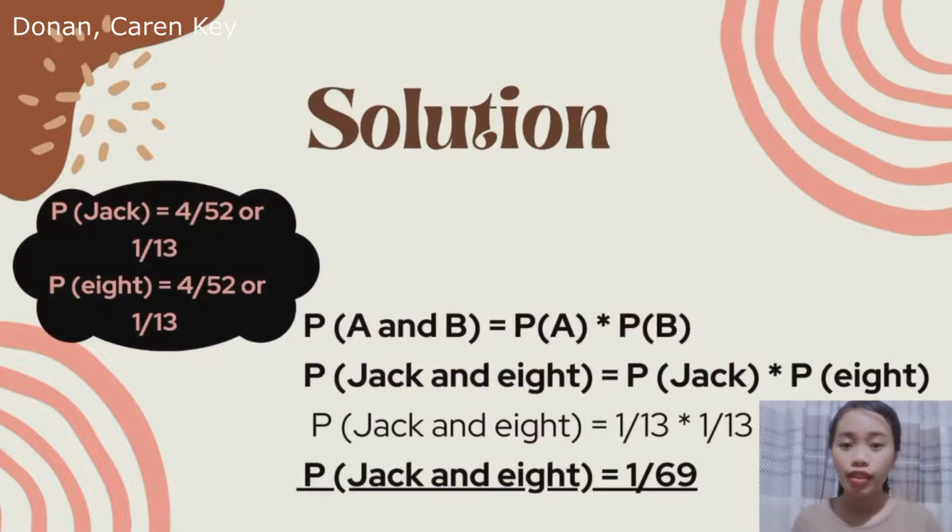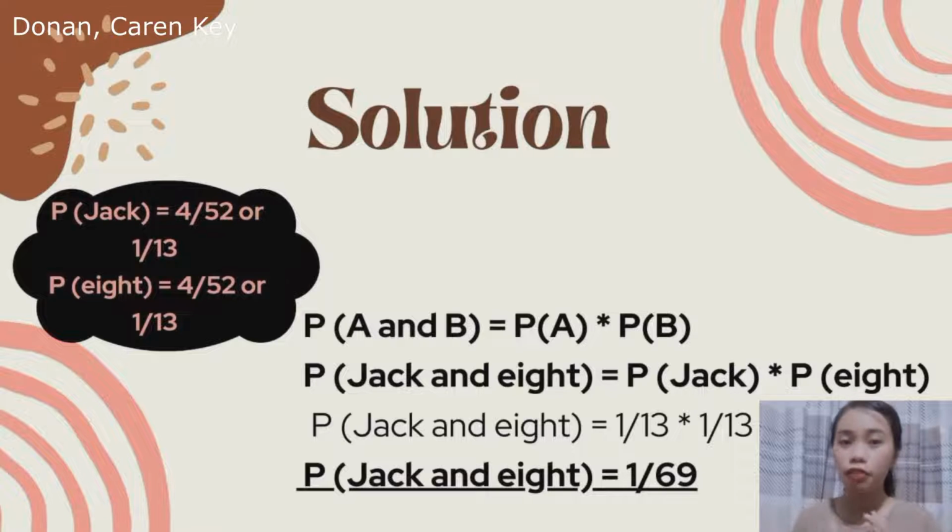So with the use of our formula, we have the probability of jack and 8 is equal to the probability of jack multiplied by the probability of 8. So upon solving the probability of 8 and the probability of jack, we come up to this value.